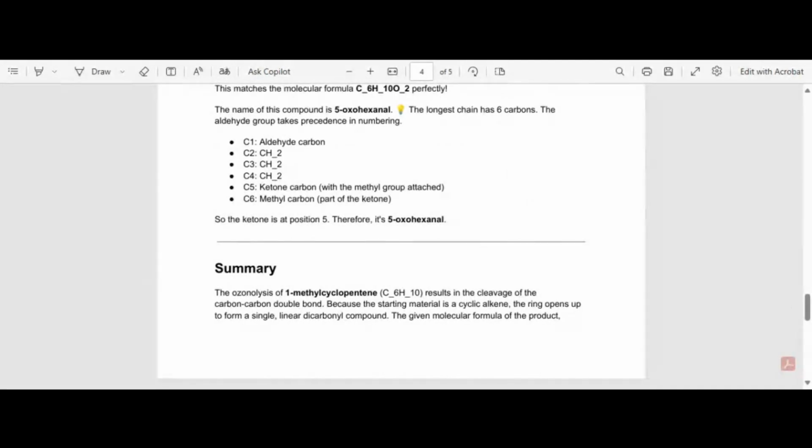Ozonolysis of 1-methylcyclopentene results in the cleavage of the carbon-carbon double bond. Because the starting material is a cyclic alkene, the ring opens to form a single linear dicarbonyl compound.